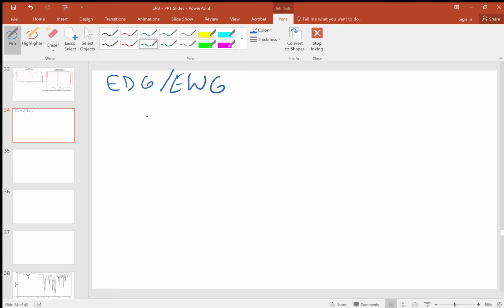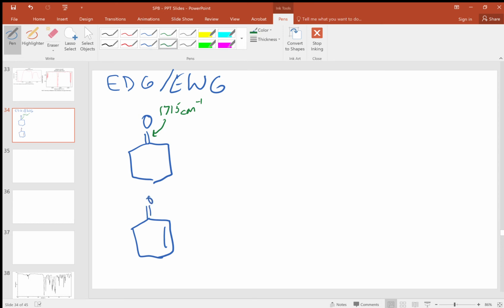Let's look at how this works. So if we have this compound, just a 6-membered ring containing a ketone, we find that the IR spectrum here gives us a shift for the ketone of 1715. Then we change the compound slightly by adding an alkene.